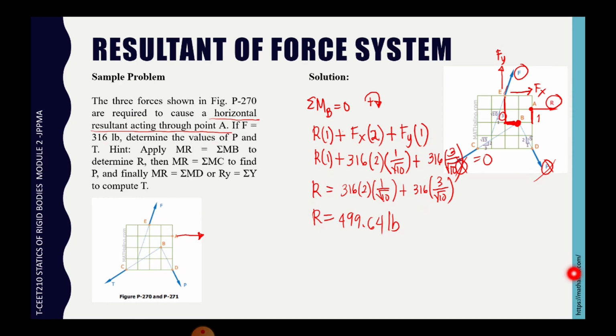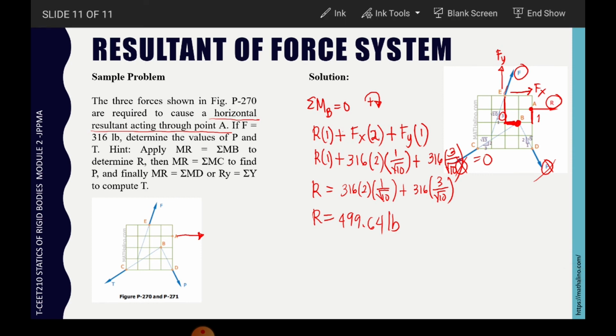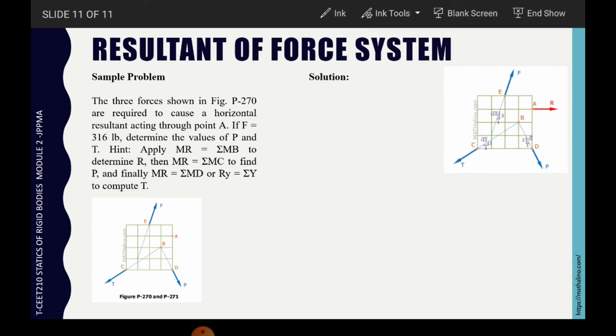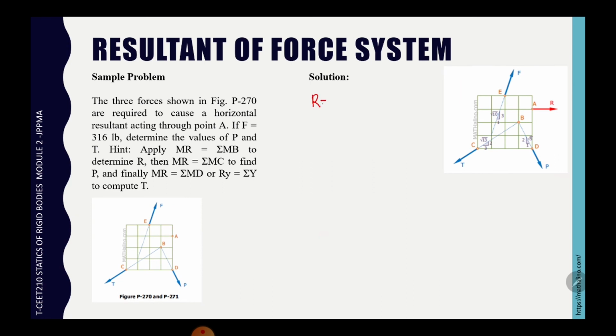Saan naman kaya tayo pwede mag-moment para makuha natin si P and T? So, dito naman tayo mag-moment. Erase all. So, given na natin si R is equal to 499.64 pounds. Ayan. Magmo-moment naman tayo dito sa C para makuha natin si P. Kasi pag nag-moment tayo sa C, makakancel si T, si F, R, at saka si P, yung magiging forces, niya.